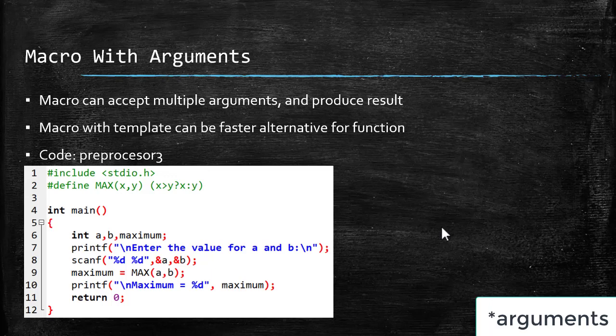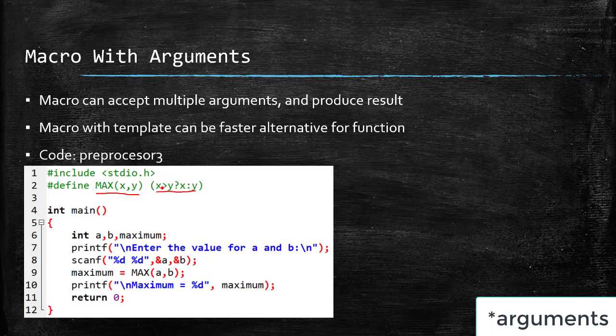Why we are calling it faster will be clear to you later, but it can be an alternative to some functions. Let us take this example where max is the macro which is taking two arguments x and y, and how it will be expanded. It will be expanded as x greater than y question mark x colon y. So it is basically the use of the conditional operator to find the maximum value between the two values.